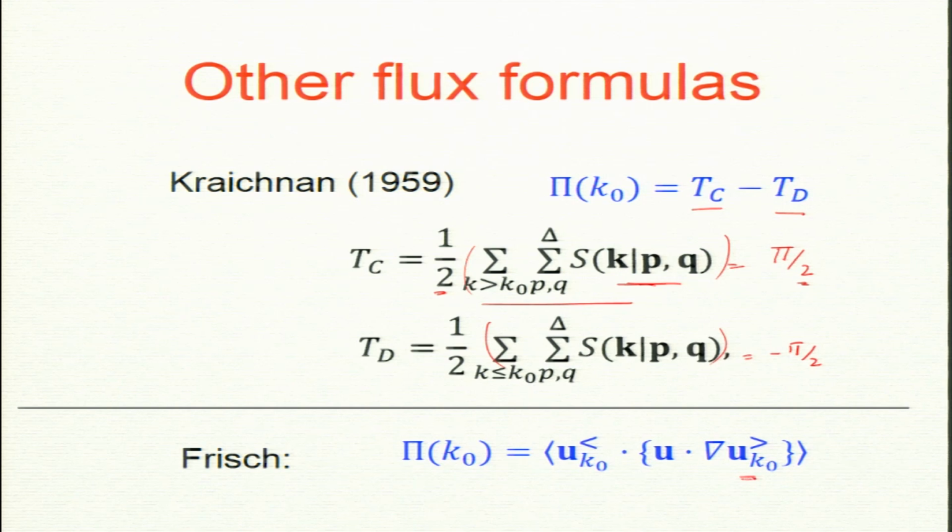Here this is a receiver mode, u dot grad u dot u, well actually, this is a receiver and this is a giver, and he has put a sign. So, I would like this to be less and this to be greater, but it turns out it gives the same answer.